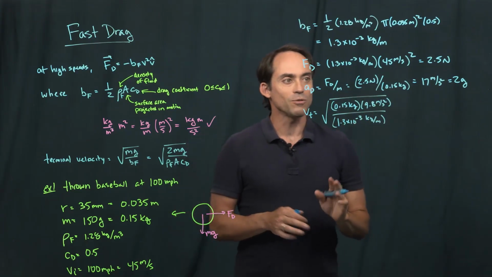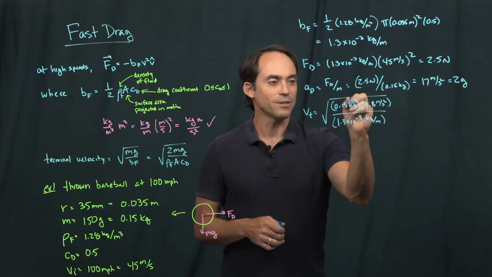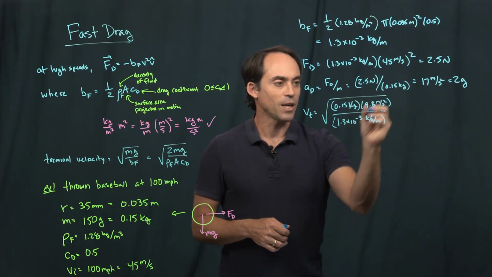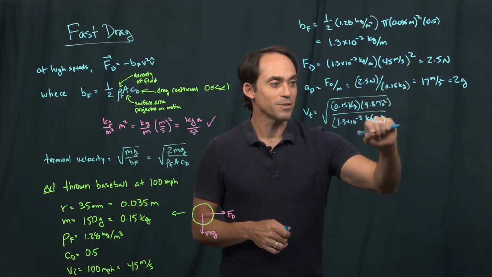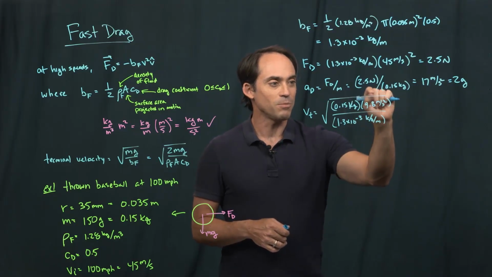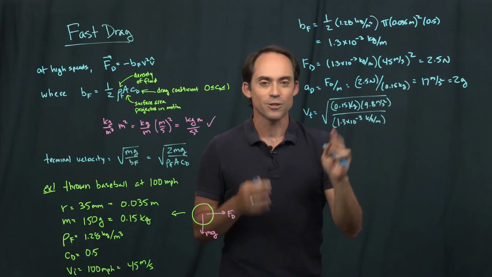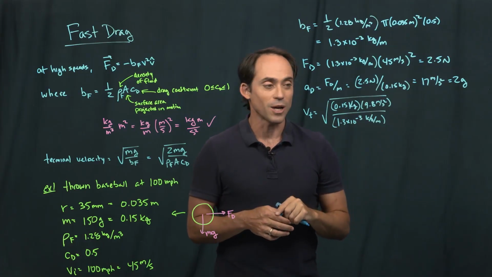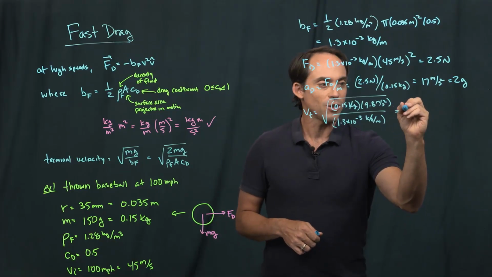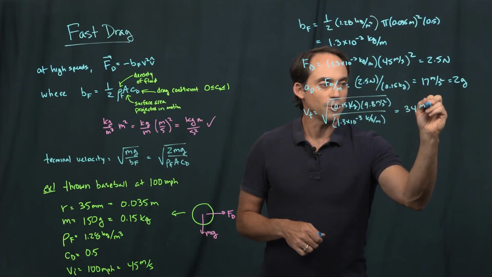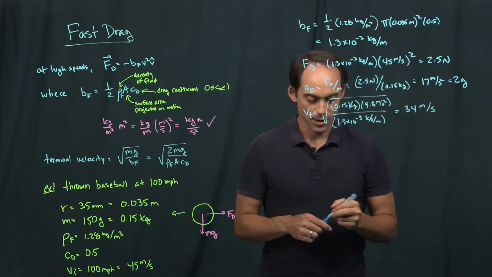Here's a good time to make sure that we've got our units right by canceling our kilograms. It's 1 over meter, so that's going to give us a meter on top. So we're going to have meter squared per second squared. The square root of that is meters per second, so we've got the right units. And then if we write out the actual numbers, this works out to be 34 meters per second.